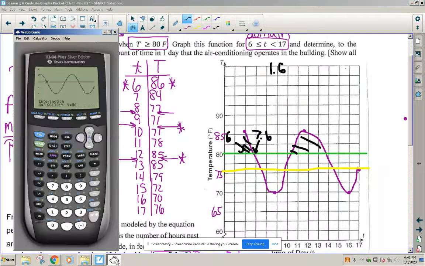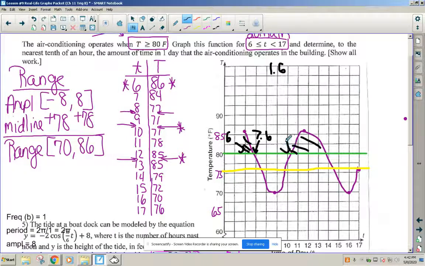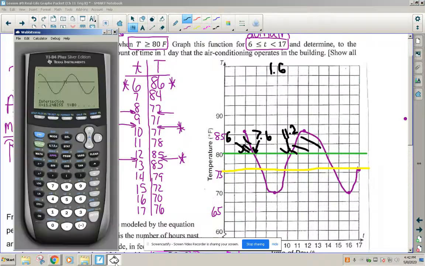Now we have to go back to the calculator and we have to use the intersect key. All right, let's do that again. Second, calculate 5. All right, now let's find these 2 intersection pieces. So here is 11.2 hours. And let's find the other one.